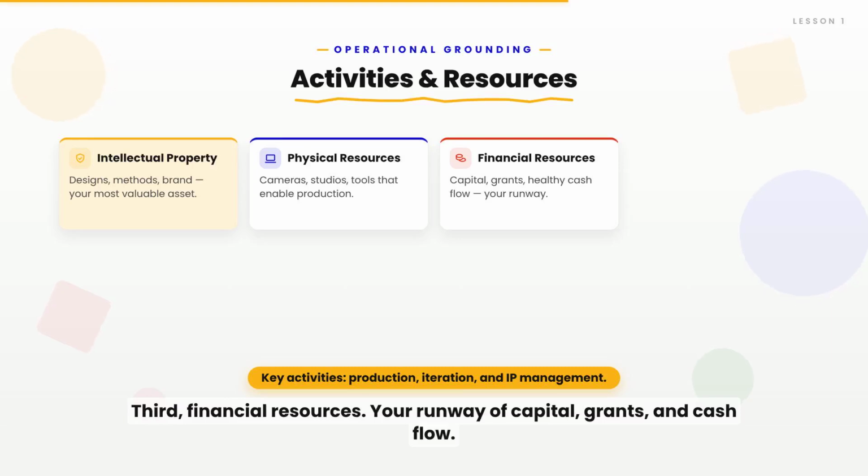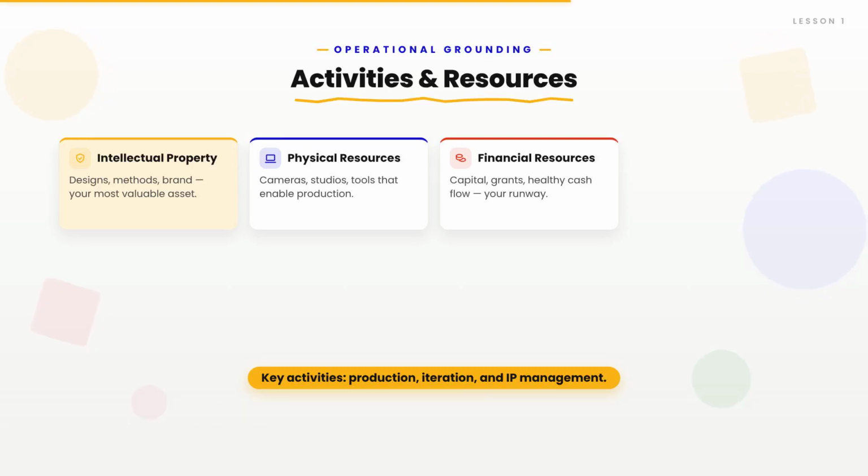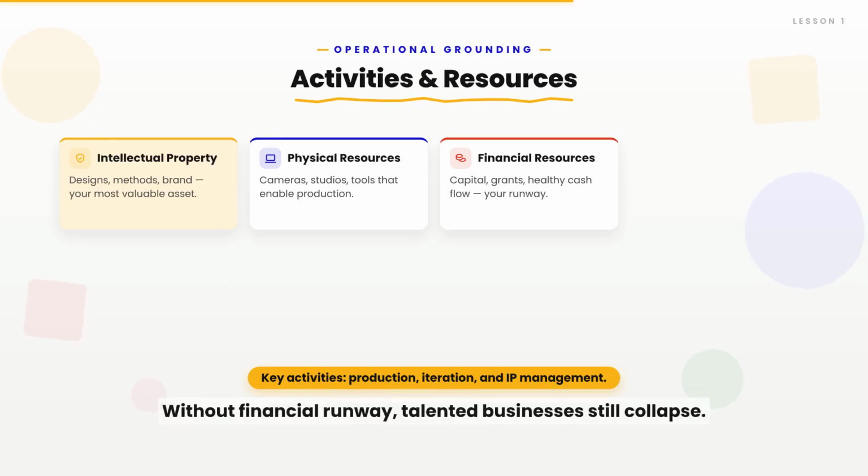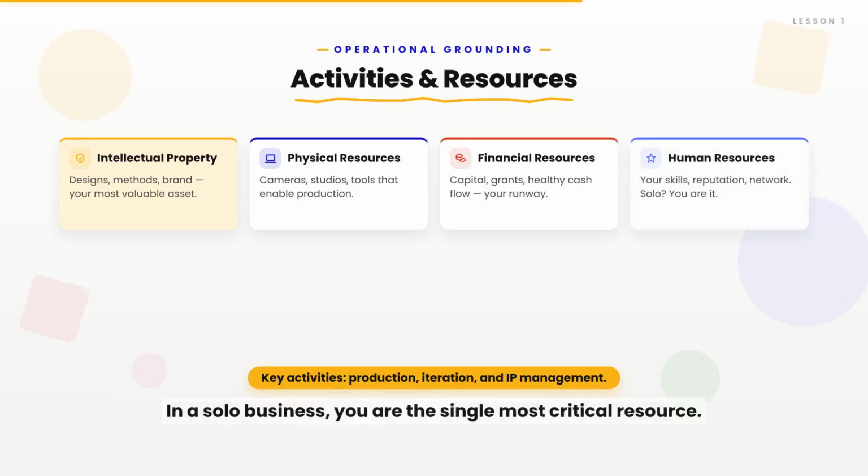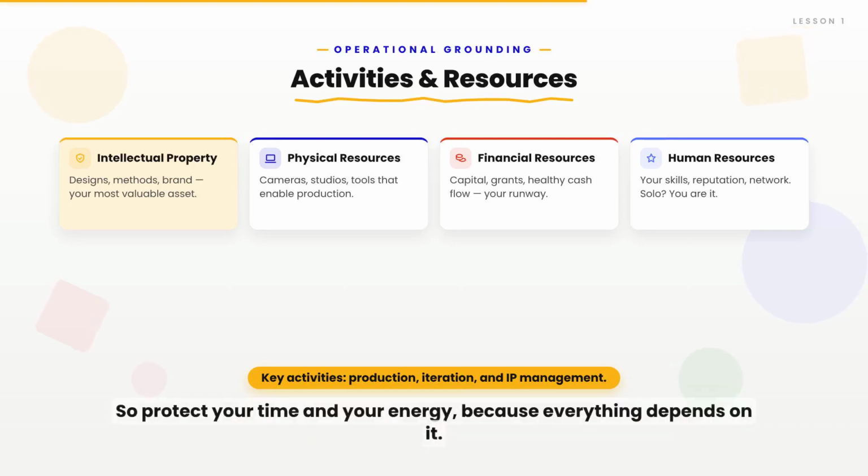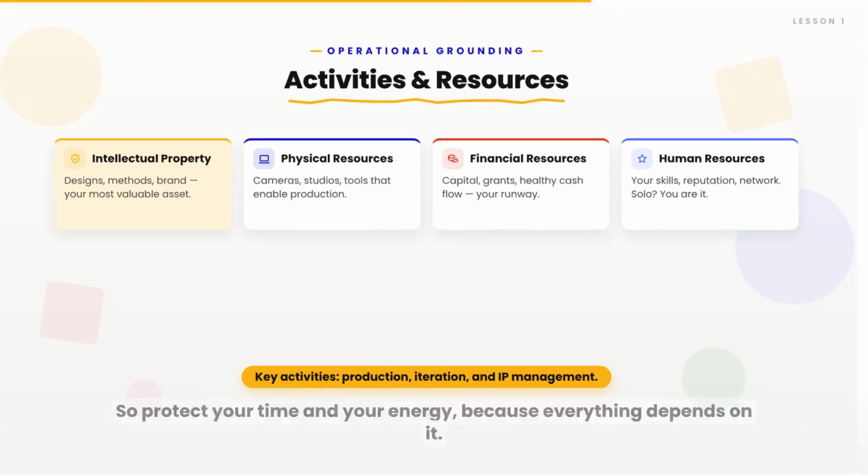Your runway of capital, grants, and cash flow. Without financial runway, talented businesses still collapse. Fourth, human resources. Your skills, reputation, and network. In a solo business, you are the single most critical resource. So protect your time and your energy, because everything depends on it.